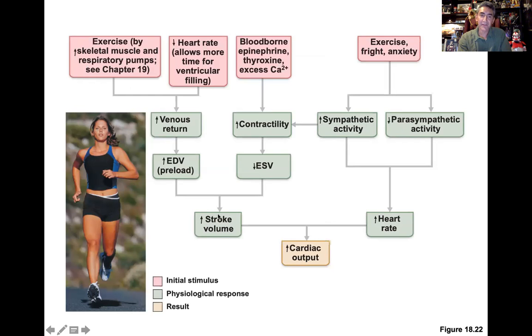What are some things that can affect stroke volume? Preload, end diastolic volume, end systolic volume, contractility. So again, see if you can piece all of this together and make sense of the whole concept. It's a lot of things to soak in and integrate together, right? But a nice little flow chart here, I think.